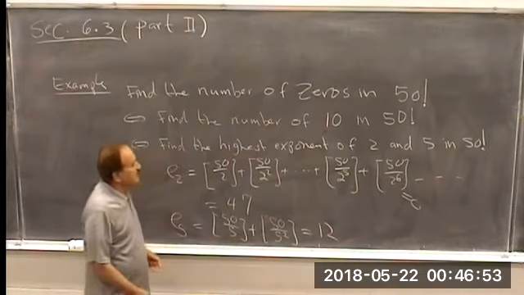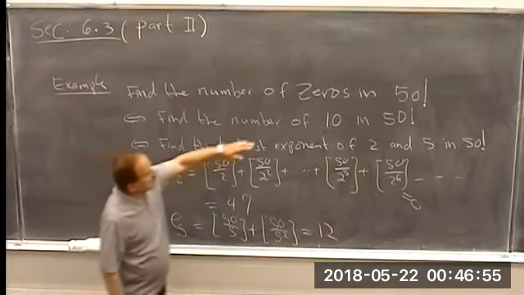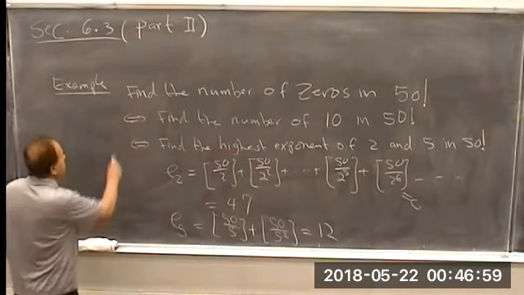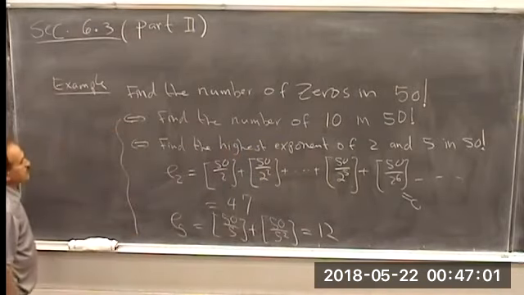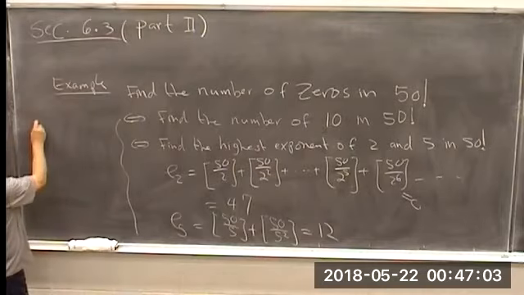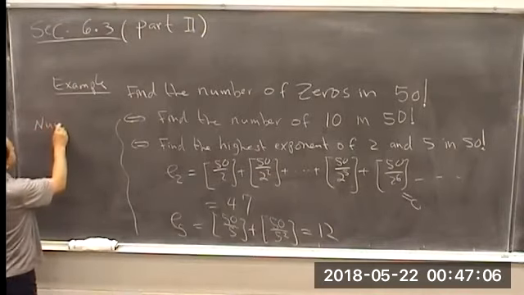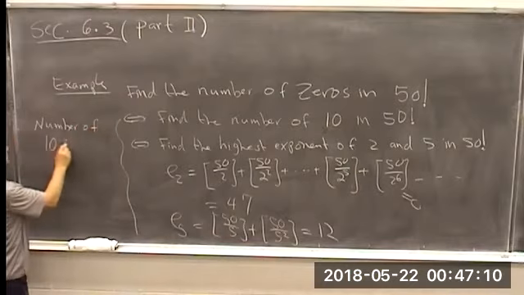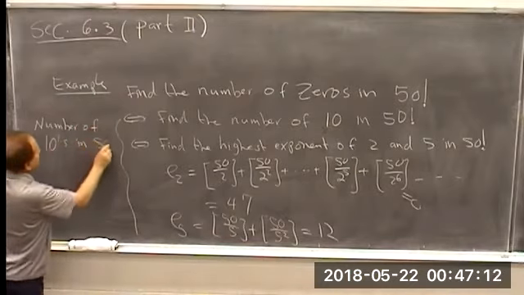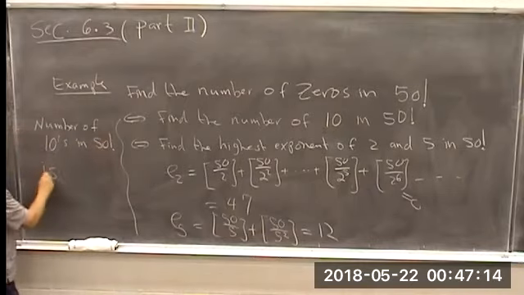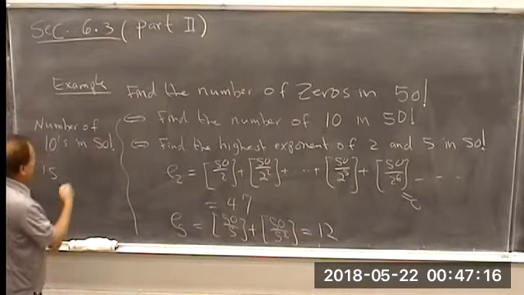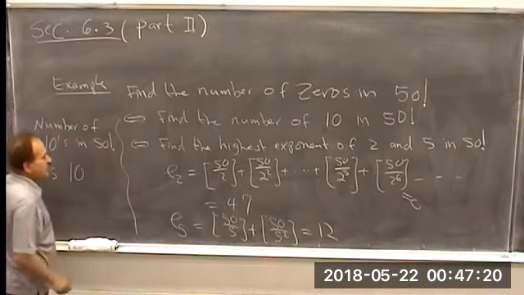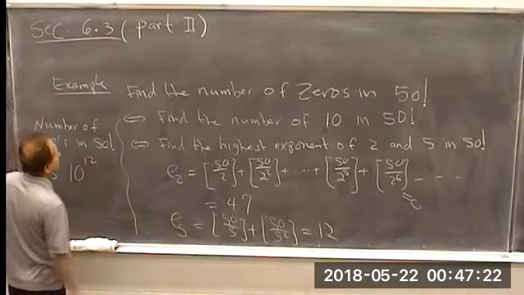Now, to end up with powers of 10, we need to take the minimum of these. In other words, the highest exponent of 10 in 50 factorial is going to be 10 to the 12. All right?